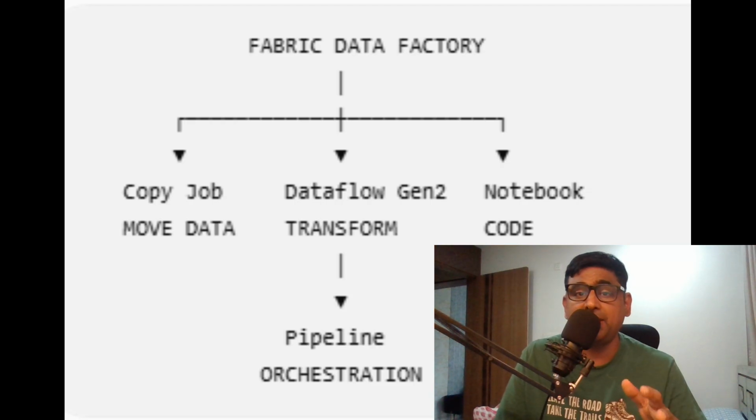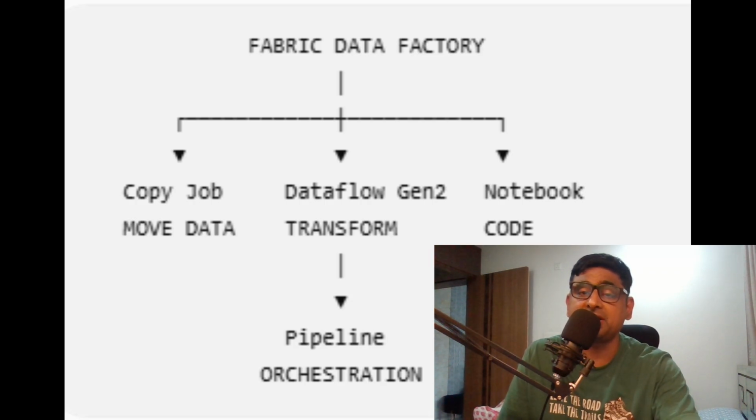I can use a pipeline when I want to orchestrate multiple activities within Fabric. Or I can even use a notebook when I need a code-based transformation. And then comes Dataflow Gen2, which is very useful when you want a visual low code transformation experience. That's where I love Dataflow Gen2.